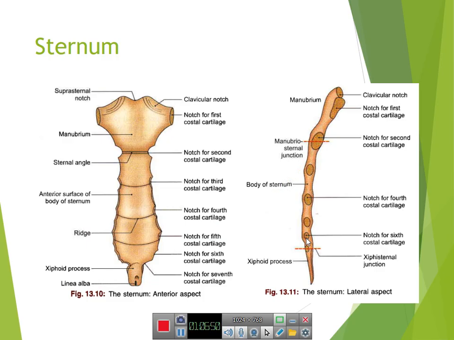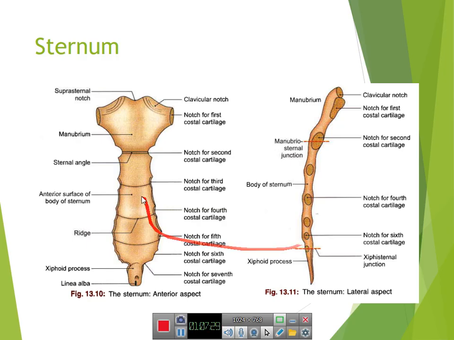The lateral border of the body of the sternum, as you can see clearly here, forms synovial joints with the lower part of the second costal cartilage, the third to sixth costal cartilages, third, fourth, fifth, and sixth, and the upper half of the seventh costal cartilage on each side.